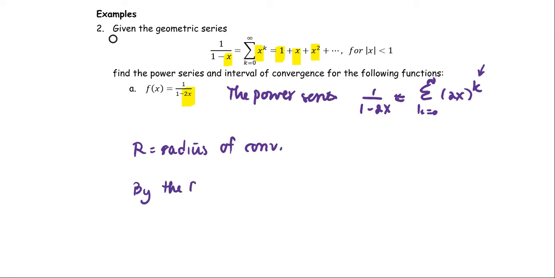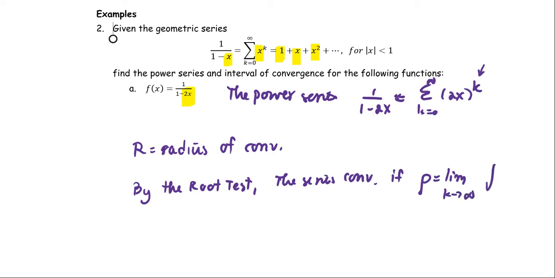So by the root test, the series converges if rho, which is the limit as k approaches infinity of the k-th root of the absolute value of a_k, is less than 1.